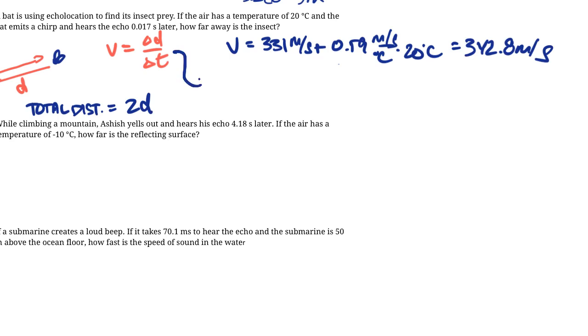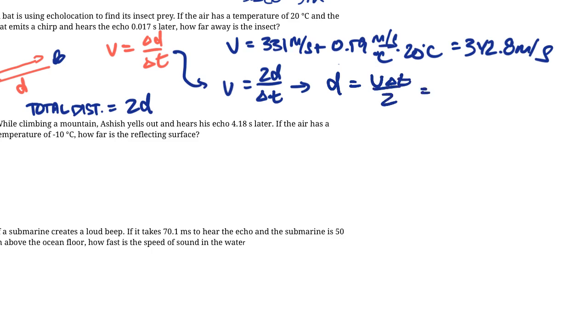So if we do this calculation, the distance it travels, well, we don't know. We're going to solve this equation for D. Let's plug in that the distance is 2D, so our speed is 2D over delta T. Now we can solve for D. D is equal to v delta T over 2.